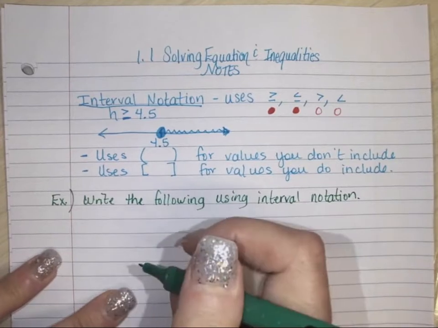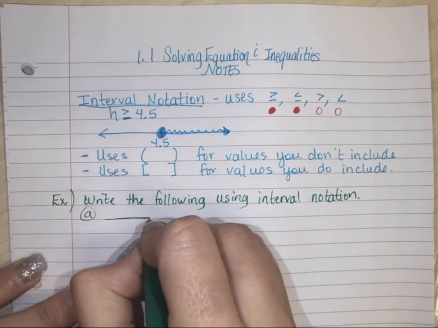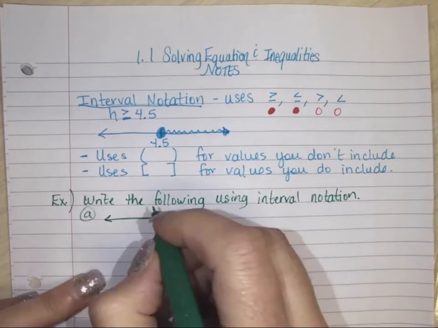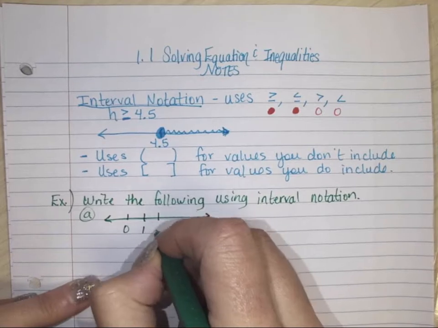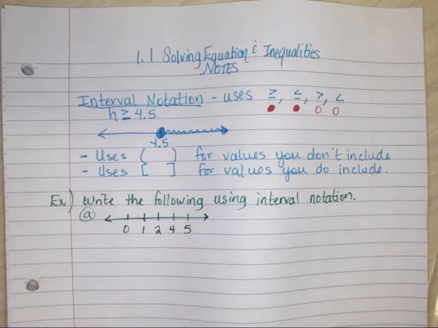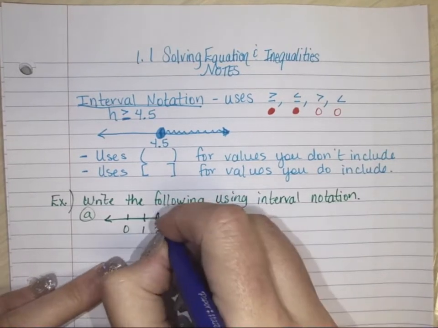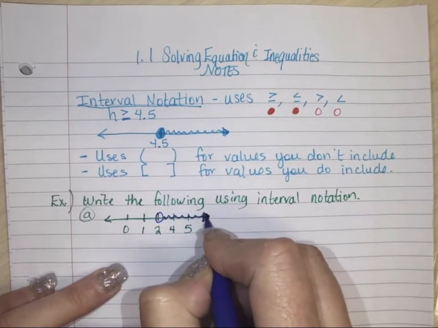We'll say part A. All right. We've got this particular solution set. It's got an open hole at 2, and it's shaded to the right.